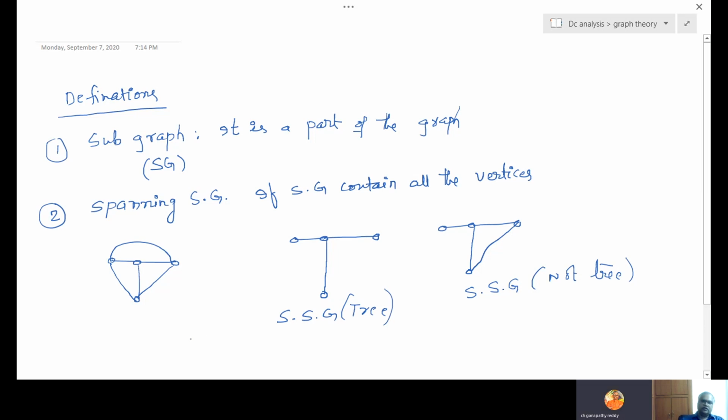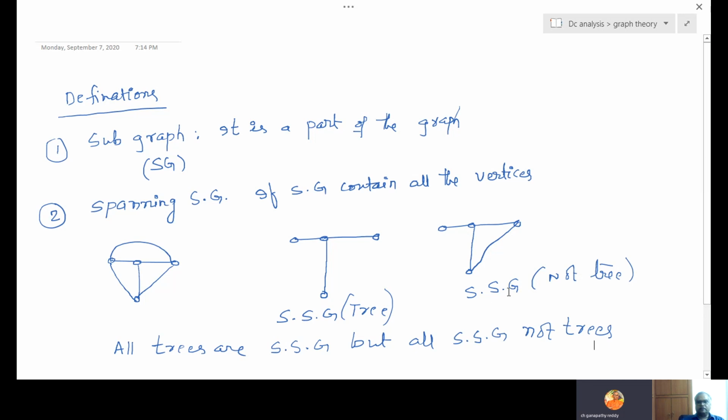So all trees are spanning subgraphs, but all spanning subgraphs are not trees.